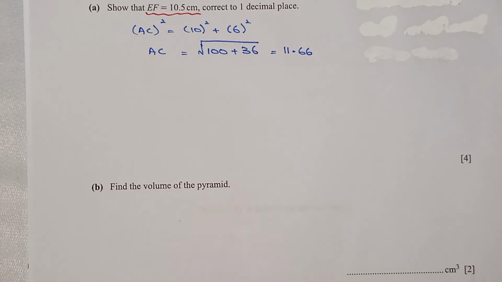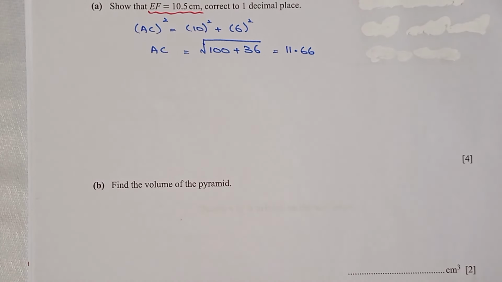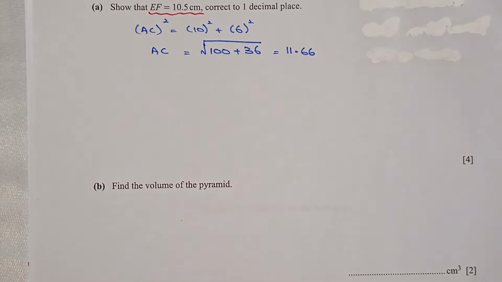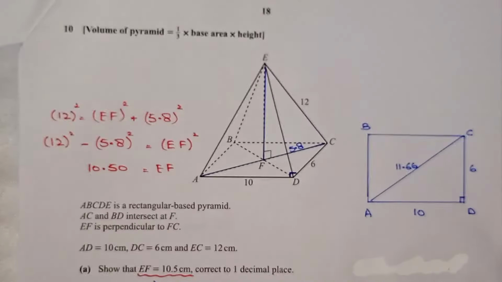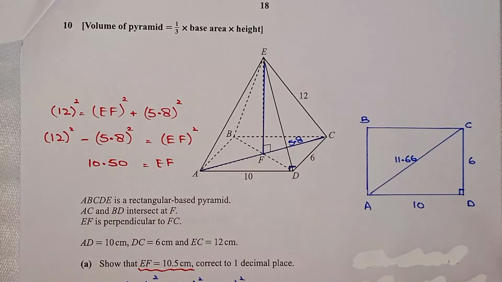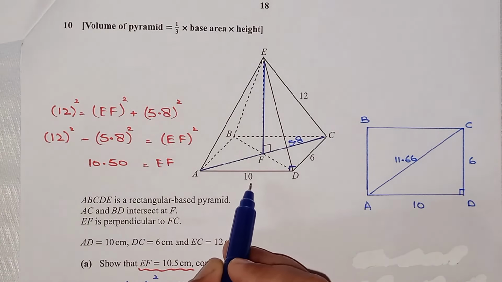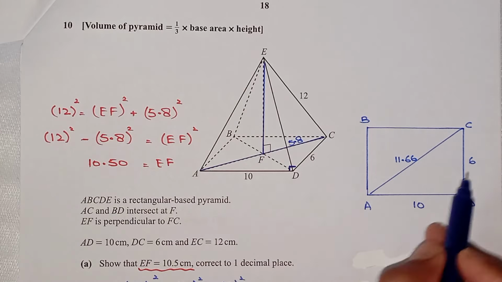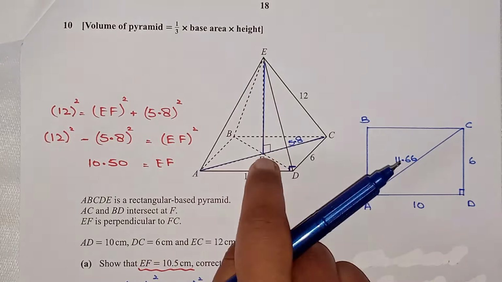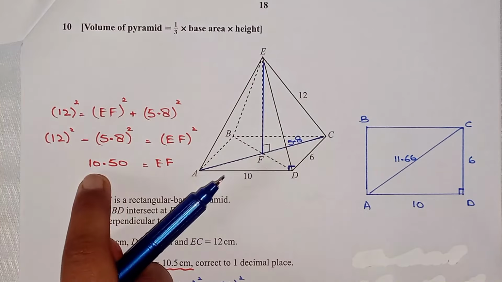Now for the second part, find the volume of the pyramid. We can use the formula for the volume of a pyramid that is given to us at the top, that the volume of a pyramid is 1/3 times base area times height. Since the base is a rectangle, its area would be length times width, and the height is EF, that is 10.5.